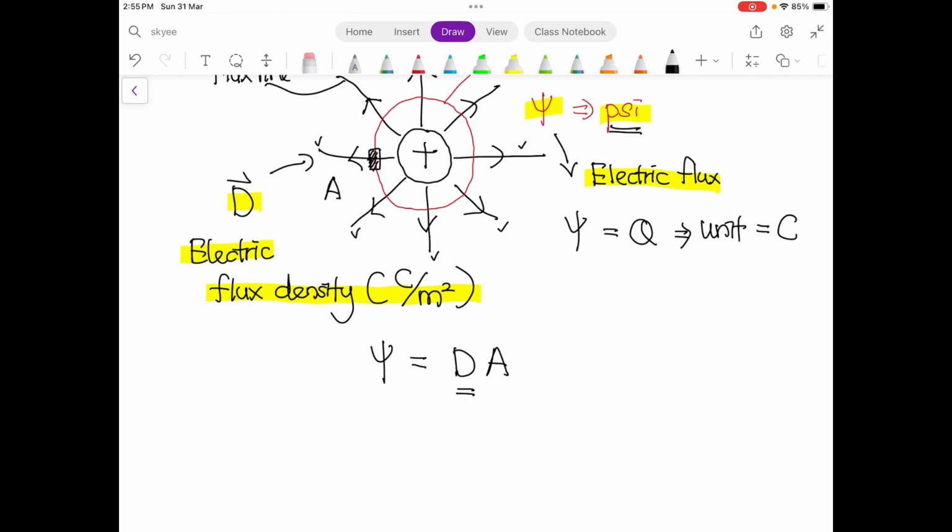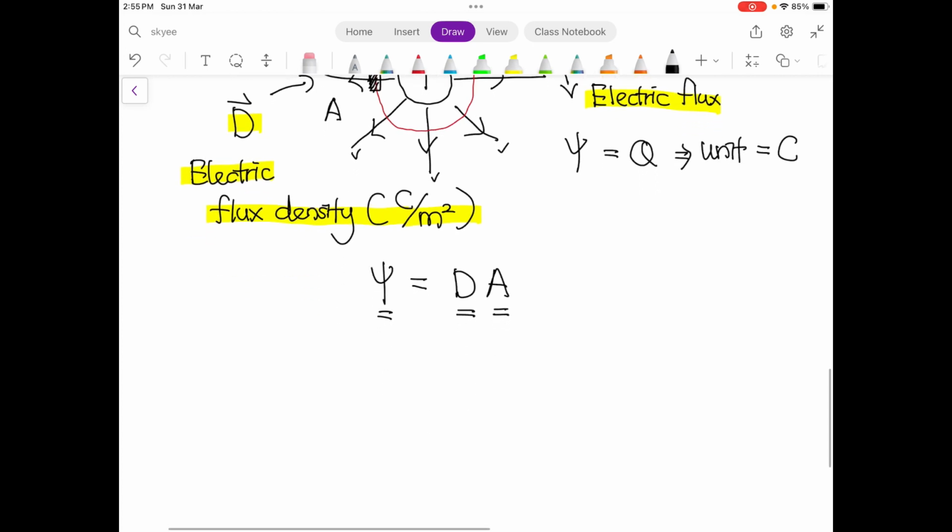If you multiply with the surface, you will know the total electric flux coming up from the surface. So we can transform these equations again to this.